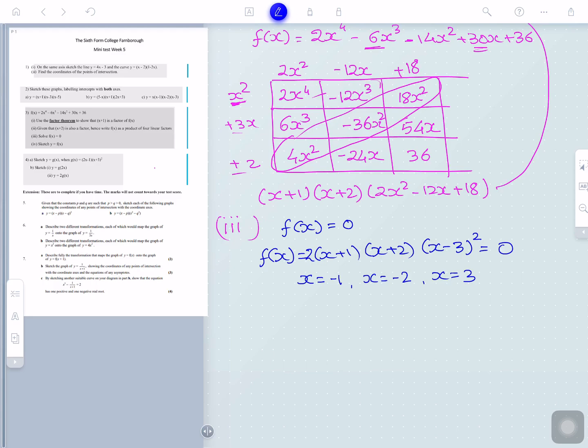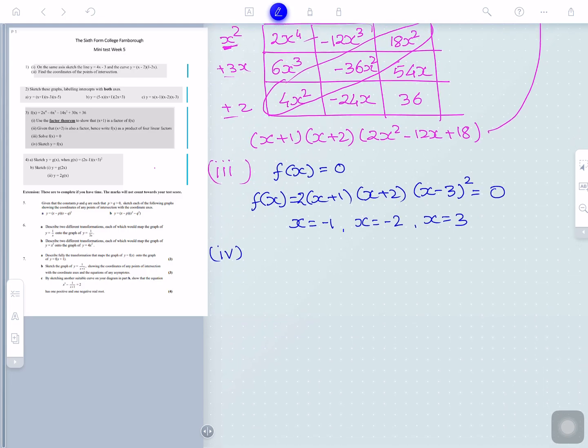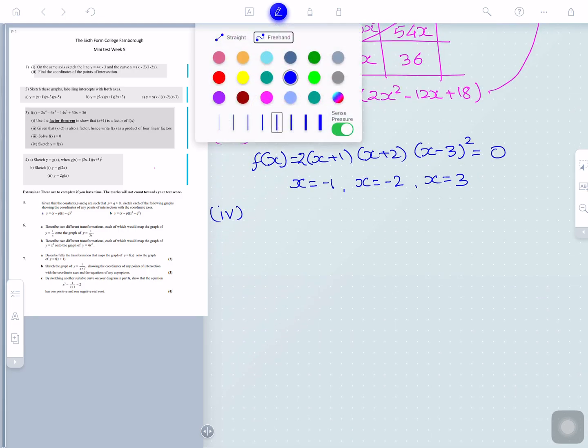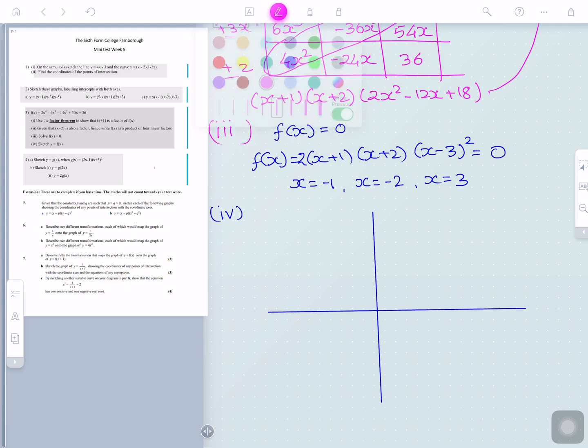And part 4 is sketch the graph. So let's draw the axes. We know it's minus 2, minus 1, and the y-intercept is 36.